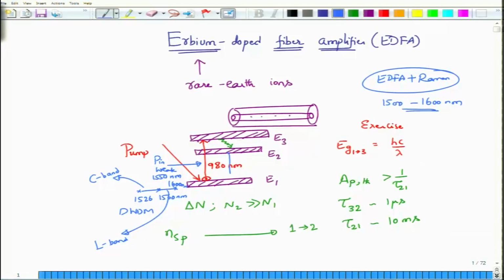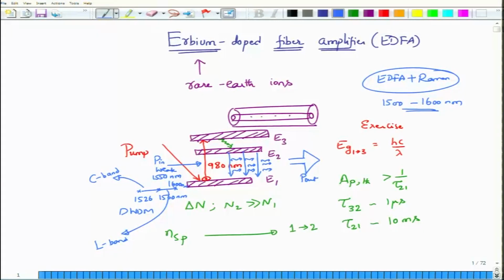They will induce the stimulated emission, because E2 is kind of the reservoir holding many of the atoms at that level, whereas when the atoms drop down from E2 to E1, they will release a lot of photons, eventually amplifying the input that you have sent out. So, the output power will definitely be larger than the input power. So, this is essentially the basic idea of the erbium doped fiber amplifier.